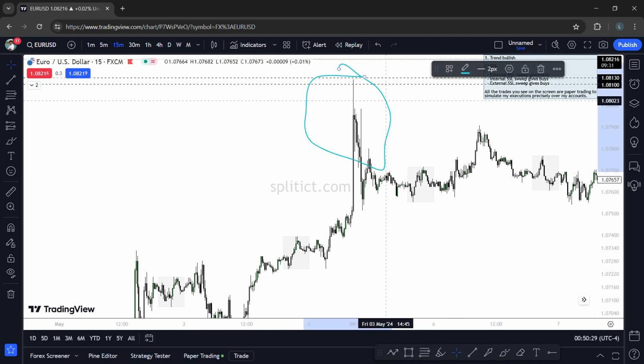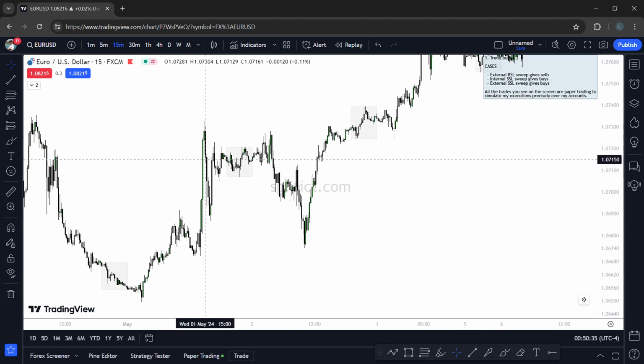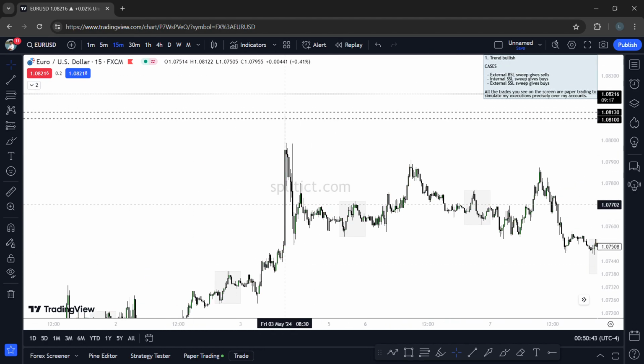I'll give you the good answer. Whenever there is news or a high impulsive candle, it doesn't have to be news. Even in this case, it was kind of bearish, right? But look at the time, it was almost 3 p.m. But here, from 8:30 all the way to Asia, the entire trend was bearish, right?